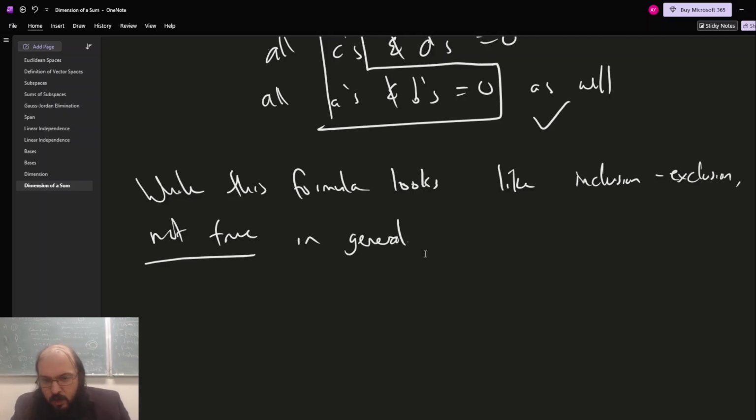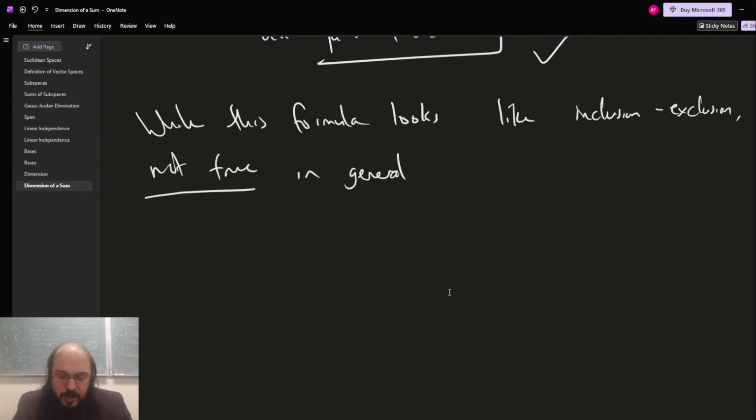And what I mean by in general is a little bit suspicious. Like, there are situations where it's true and there are situations where it's not true if you try to do it with more subspaces.